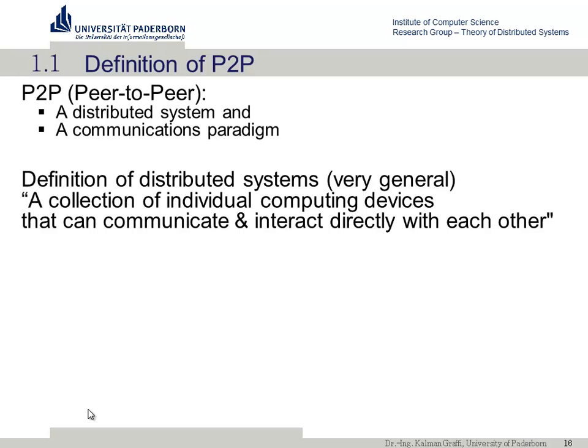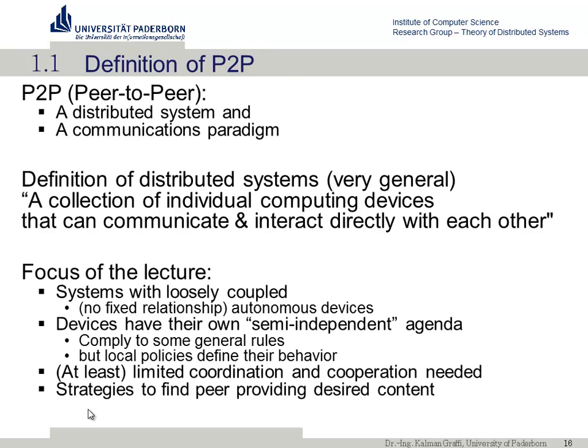A distributed system is, very generally, a collection of individual computing devices that can communicate and interact directly with each other. That sounds like a message-based communication distributed system. That definition also fits peer-to-peer, but it's a bit more, and we will see which further characteristics we have in peer-to-peer networks.